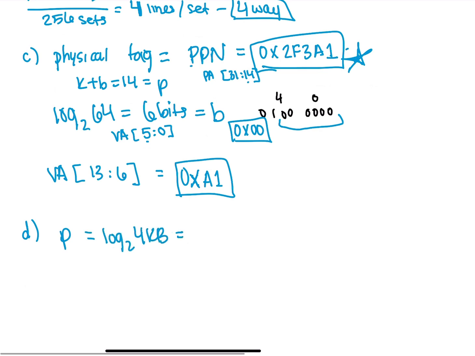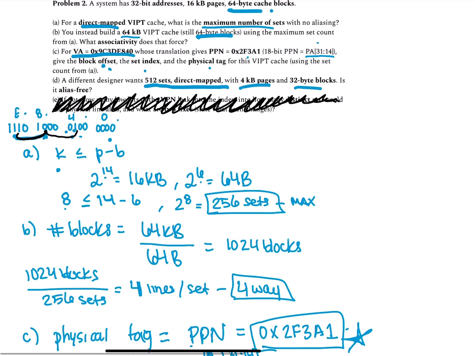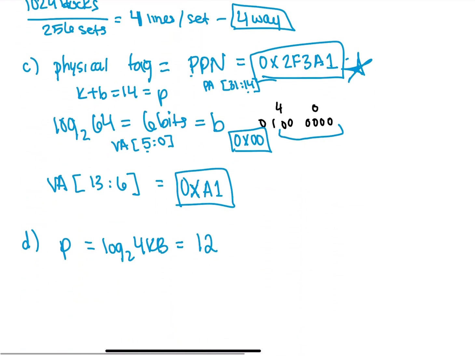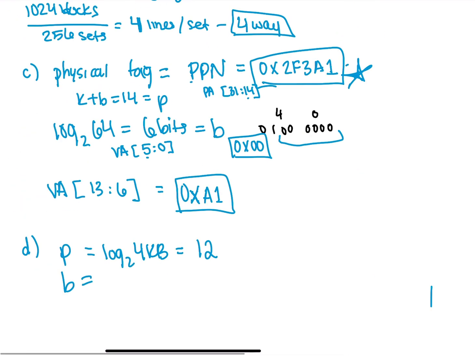You can do it out, that is 12. So same thing as up here. And that's our P. Our B is log base 2 of the block size. We have 32 byte blocks. That is 5.